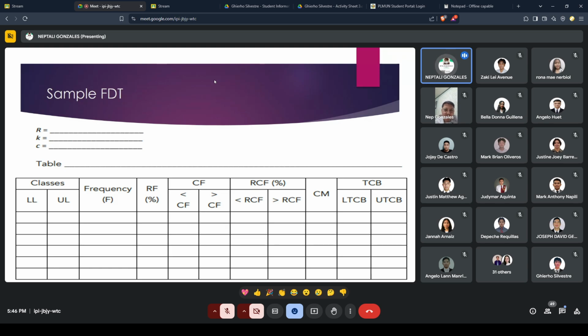Now that you are equipped in knowing the types of data, qualitative or quantitative, the scales of measurement, and the basic terms in statistics, we will now start the computation of the statistical tools that we are going to tackle.